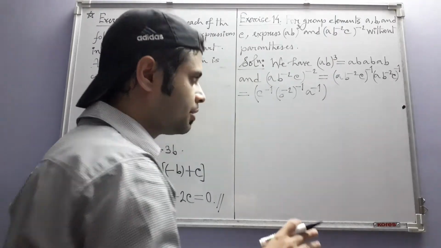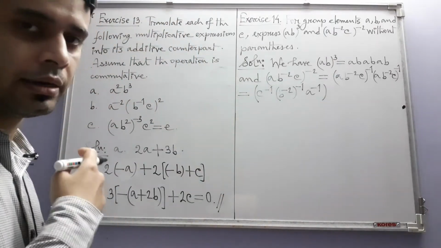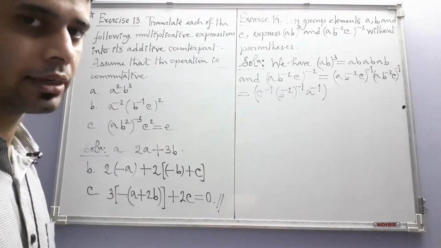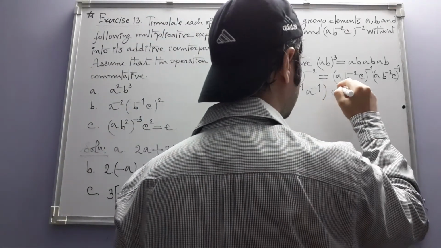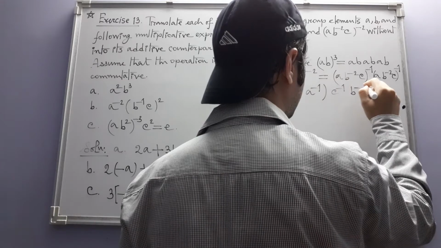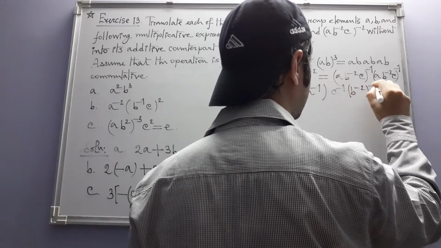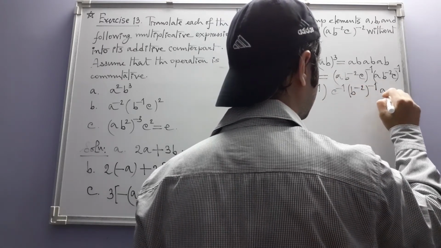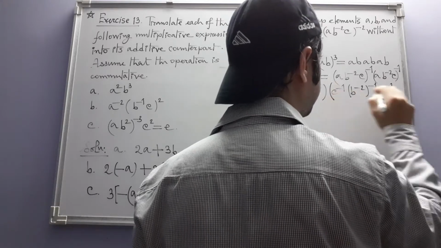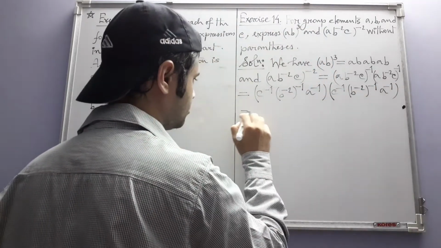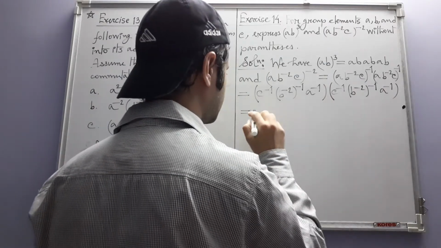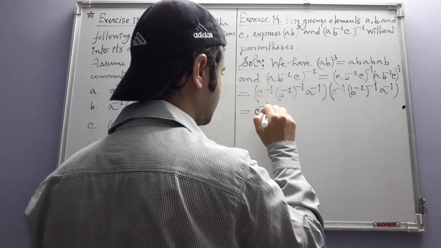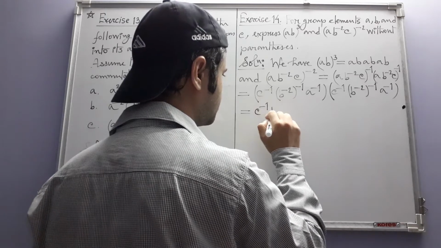We have to ultimately come to an expression that has no brackets, no parentheses. Just like that, C inverse b to the power minus 2 whole inverse a inverse. So we now get rid of the outer brackets, and we have C inverse.